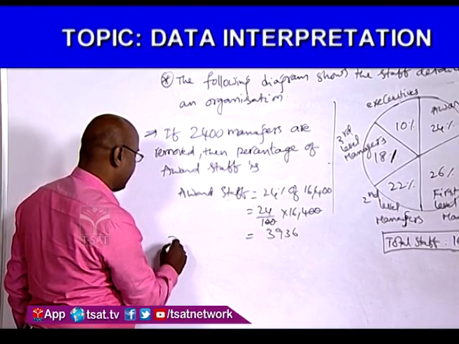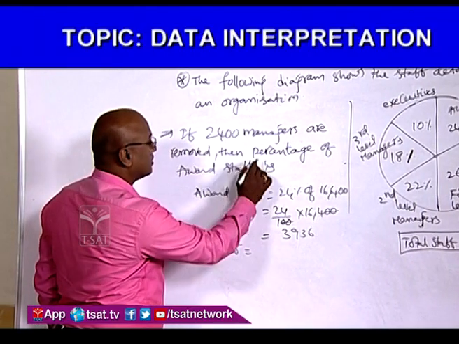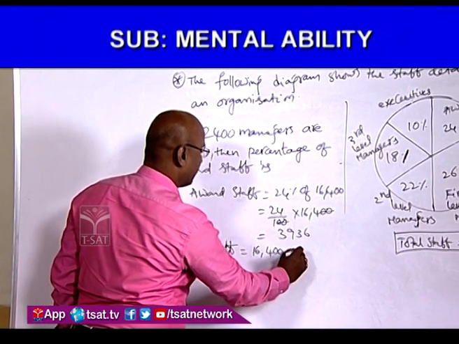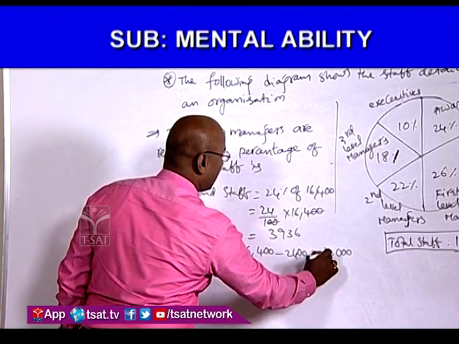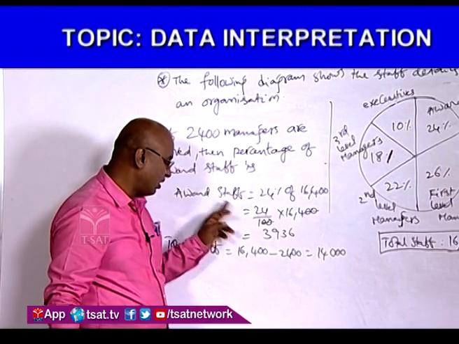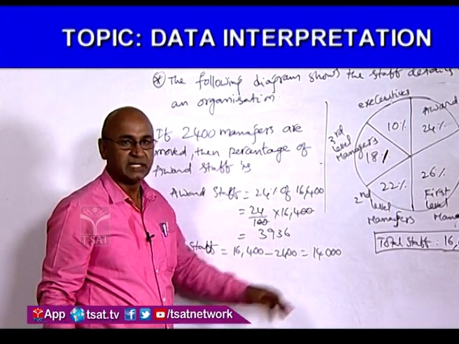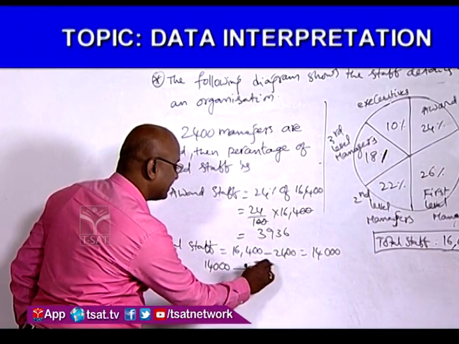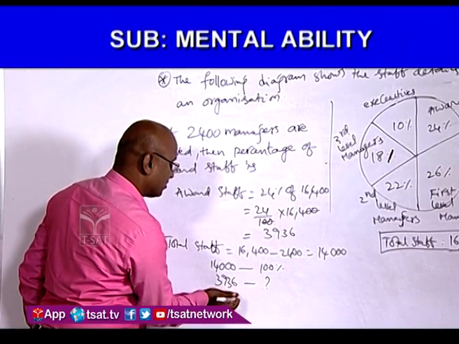Now what happened? 2,400 managers are removed. Now the total staff is equal to 16,400 minus 2,400, that is equal to 14,000. Now what is the percentage of this 3,936 in 14,000? Suppose 14,000 is equal to 100%, then 3,936 is how much?